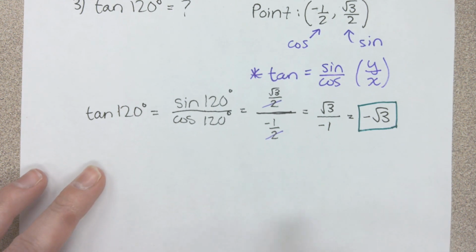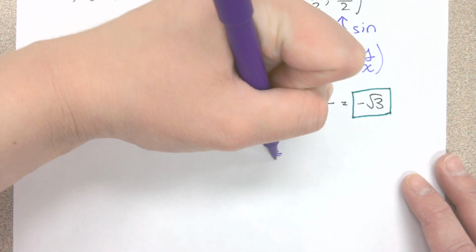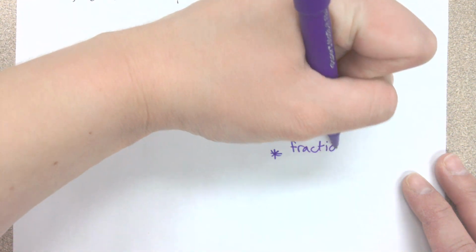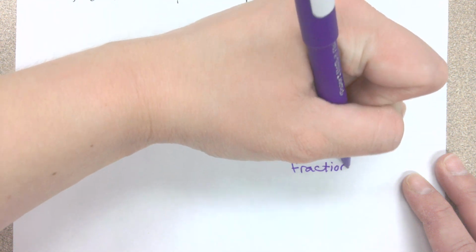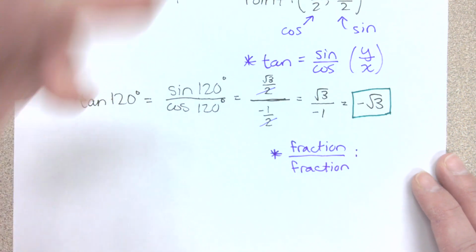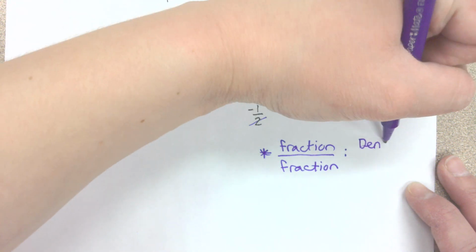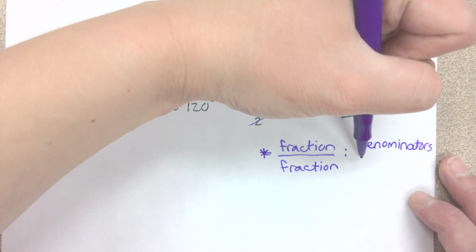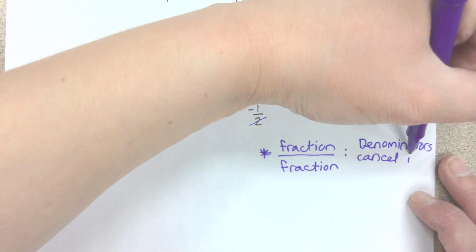I'm going to make a note about that algebra trick if you want to write it down. Fraction over fraction. Denominators cancel if they are equal.